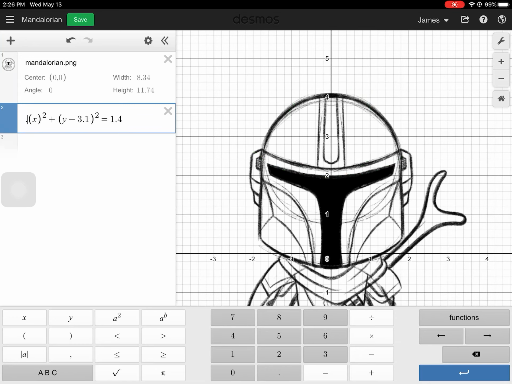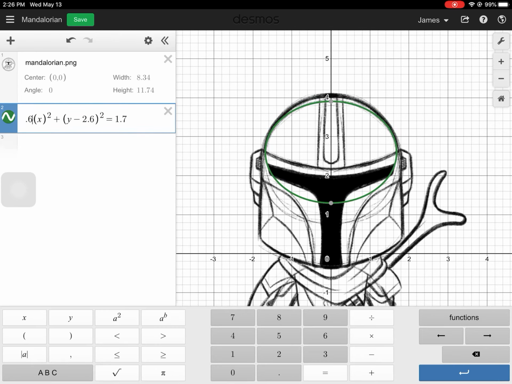Maybe we want something like, oops, let's go the other way with it, 0.7. Let's go 0.6. Make it a little bit bigger. And then I'm going to move it back down a bit. 0.8, 0.7, 0.6.